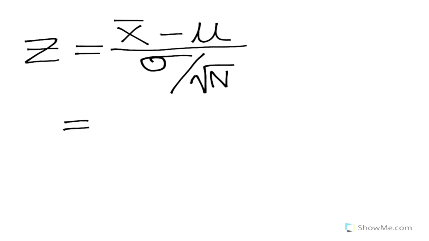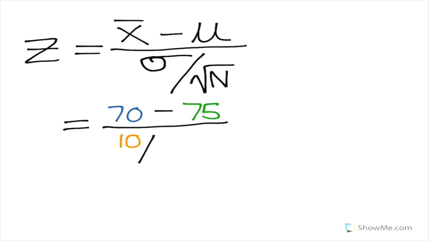So now this equals our x bar, which was 70, and then we subtract mu, which was 75. We divide by our sigma, which was 10, and then divided by the square root of the population size, which was 25.